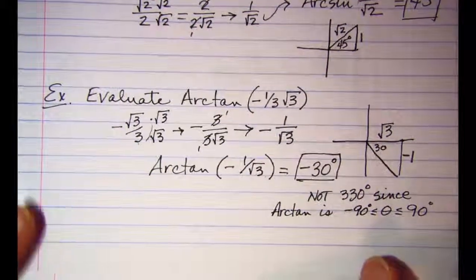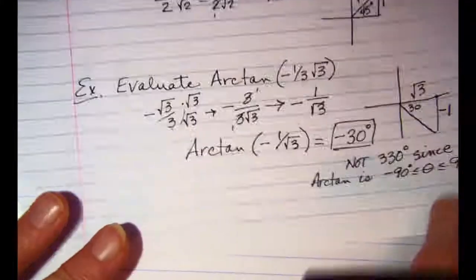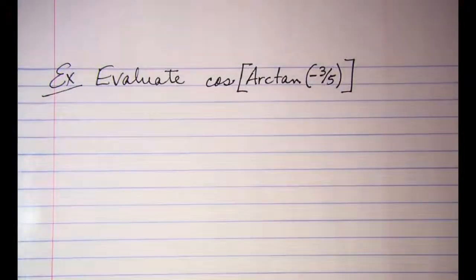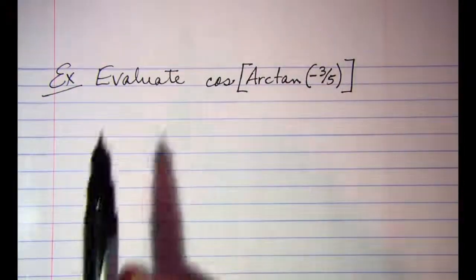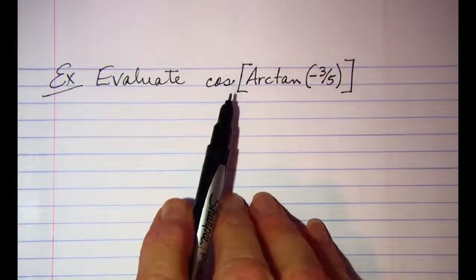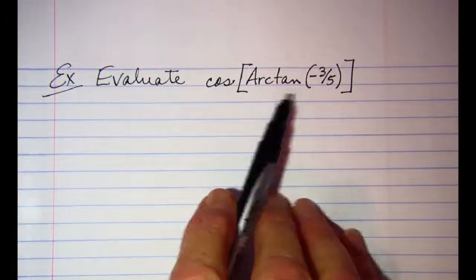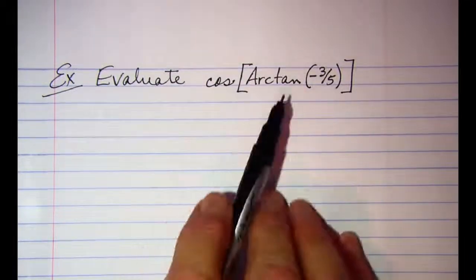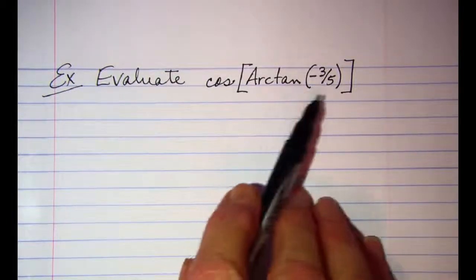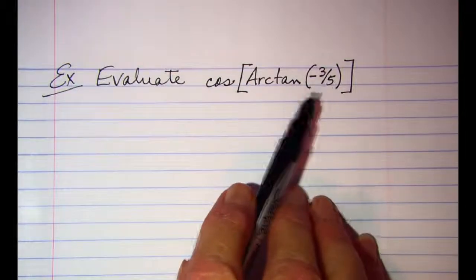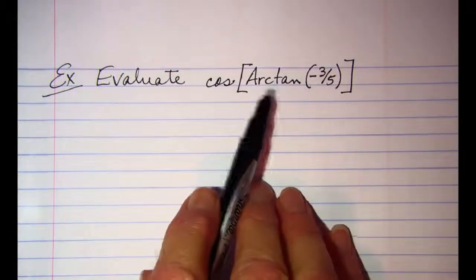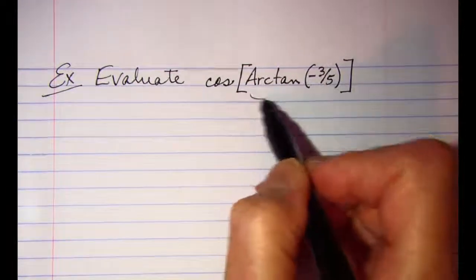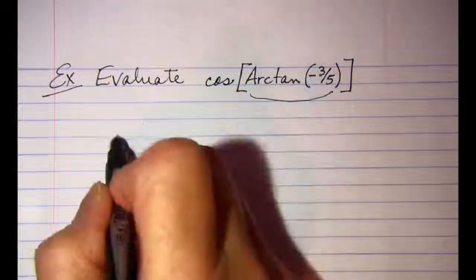Let's do one more example. In this problem, we're asked to evaluate the cosine of arctan negative 3/5. So we're wanting to find the cosine of the angle whose tangent is -3/5. As usual in mathematics, we need to work from the inside out. So let's go ahead and evaluate this first.